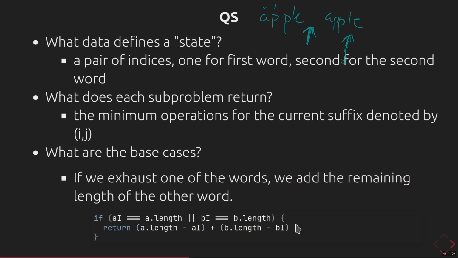So this collapses quite a few other base cases, but hopefully this makes sense to you. Because once you reach the end of one word, if you're not done with the other word, you're going to add all the characters, because that is the minimum amount of remaining operations of turning an empty string into apple.